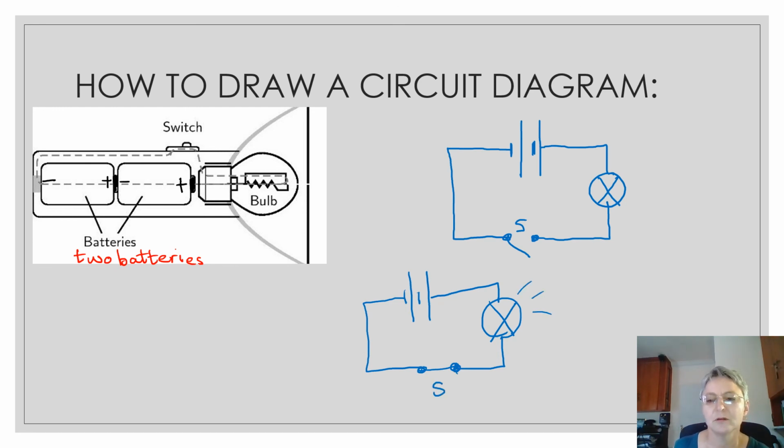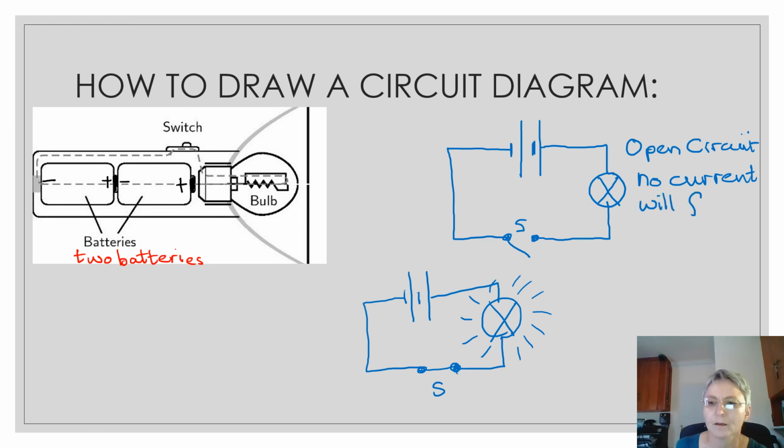Some people draw the little lines to show that it's glowing. So this is an open circuit and no current will flow. And this is a closed circuit.